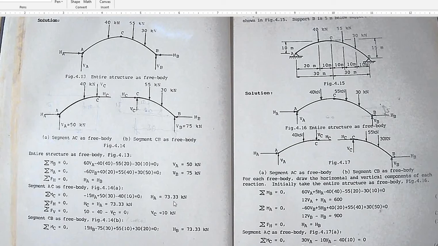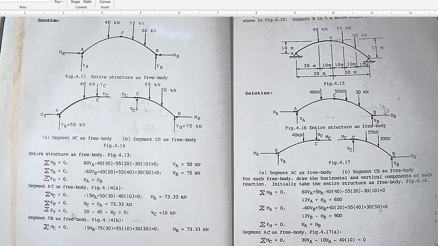From there, H sub A is 73.33. From summation forces horizontal, from here alone, you can already solve for H sub C, which is also equal to 73.33.